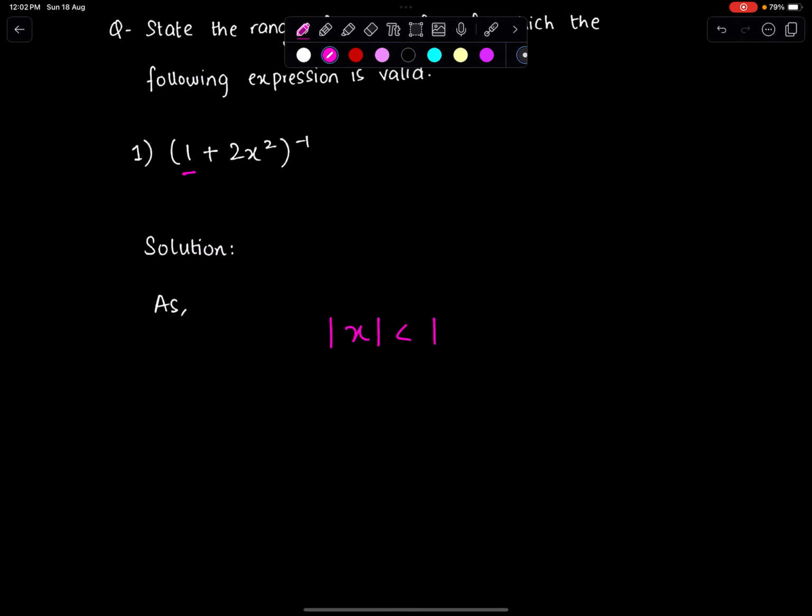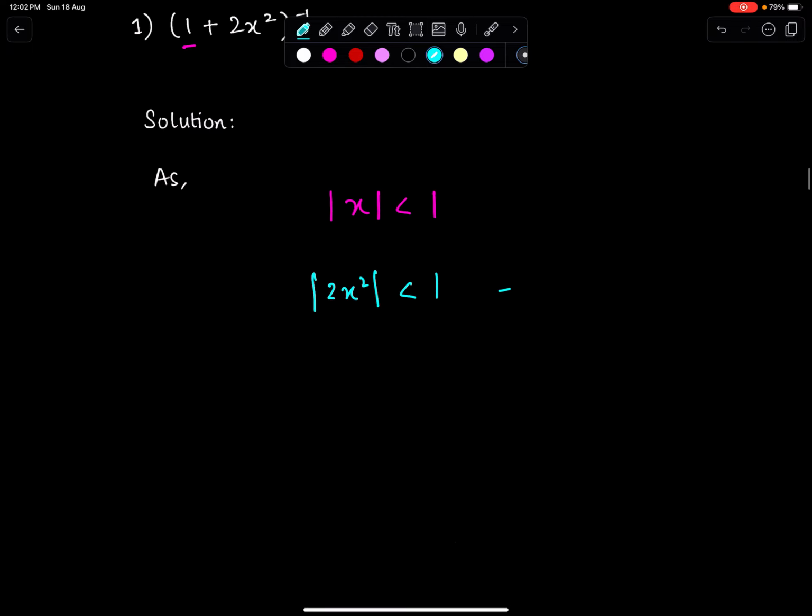Now replace this x by the second term of this expansion. So second term is positive 2x square. Now solve this inequality for modulus x.